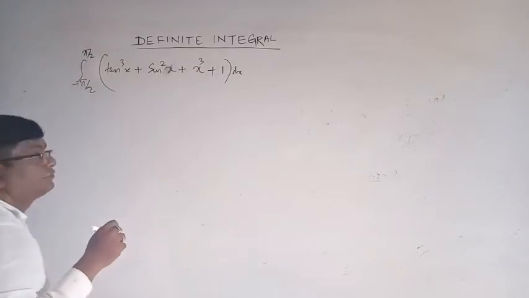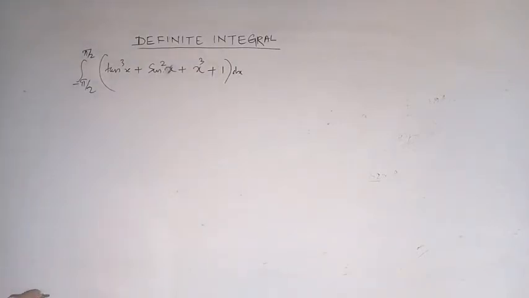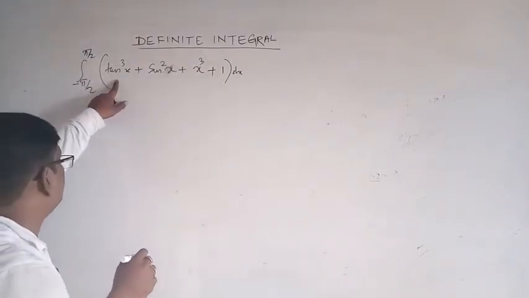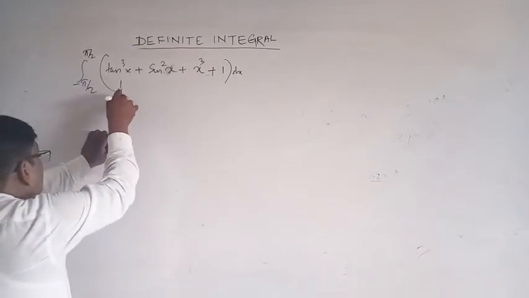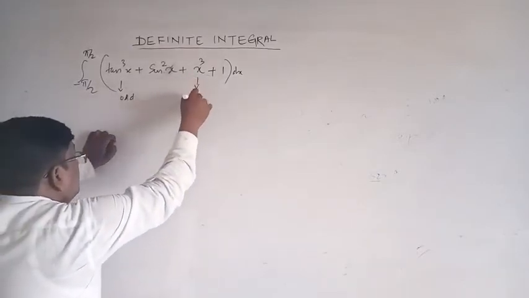Okay, so here tan cube x is odd, and x cube is odd.